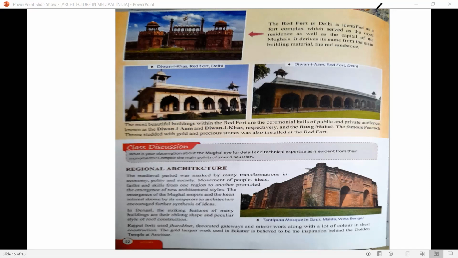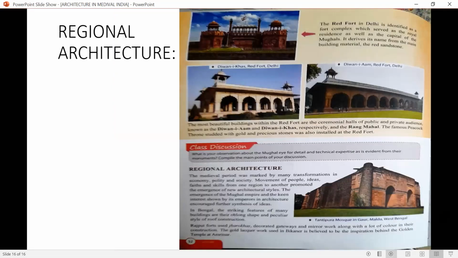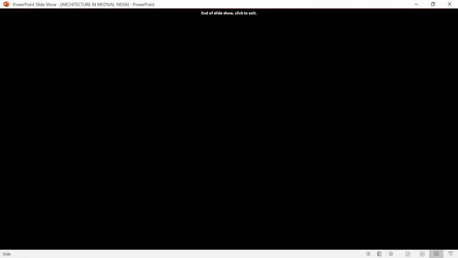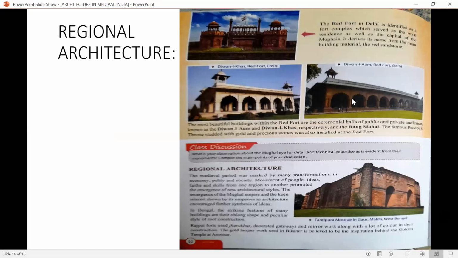Okay, and these things are only there in this topic of regional architecture, and hope it is clear to you. With this, we have discussed the whole thing in our slides. And after this topic we are going to do the marking.